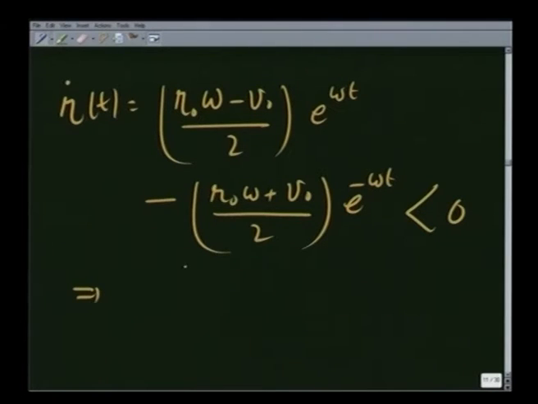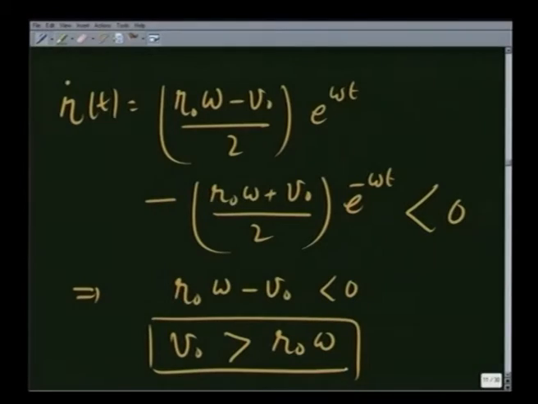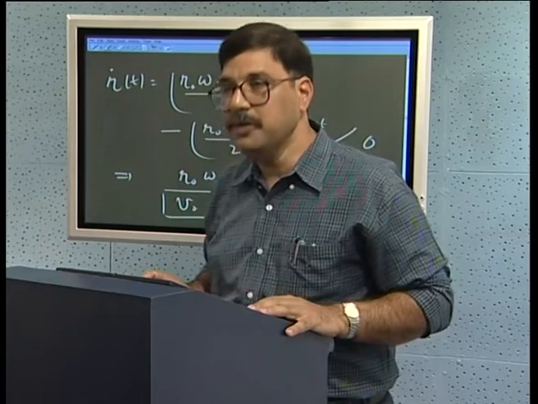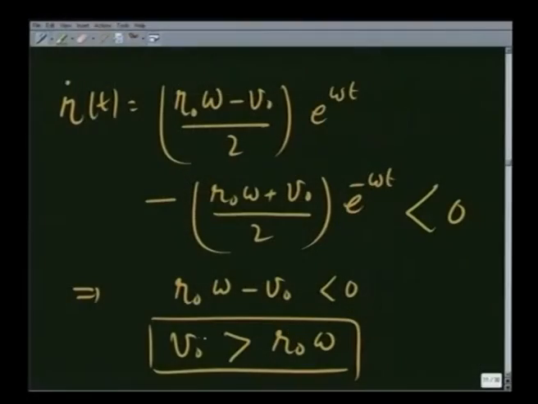This implies r naught omega minus v 0 should always remain less than 0, or v 0 should remain greater than r 0 omega. So, as another example of this, what we have shown is that depending on the initial condition, if I choose my velocity of pushing the particle in so that it is greater than r 0 omega, the particle would keep on moving in.